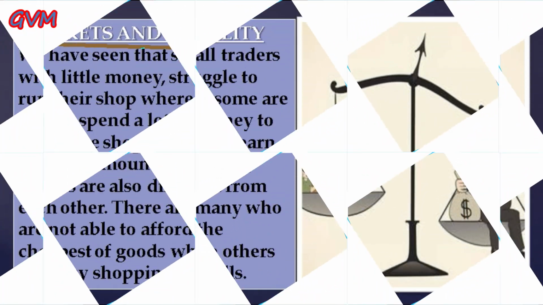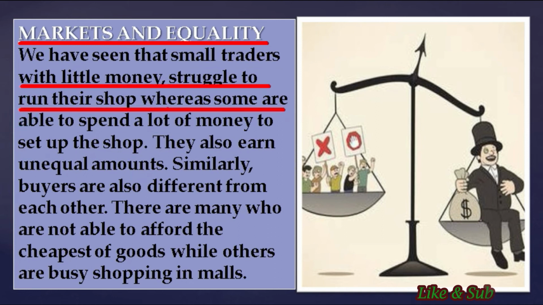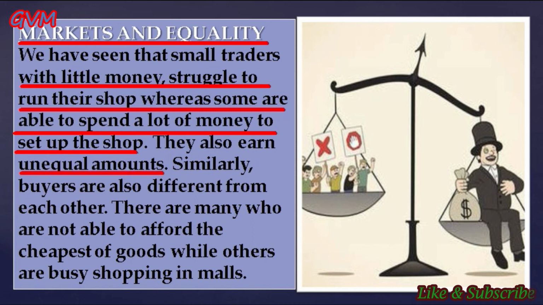Now students, let's discuss markets and equality. Students, there is a vast difference between the shopkeepers at the weekly markets and the malls. As we already learned, the small traders with little money have to struggle to run their shops, whereas some are able to spend a lot of money to set up their shops, and that's why they also earn more.